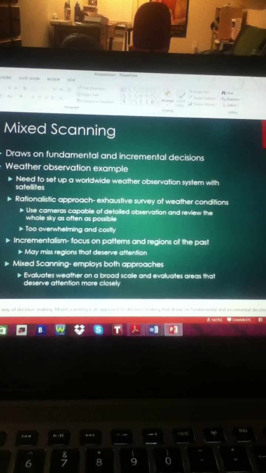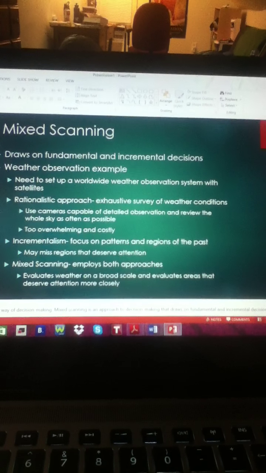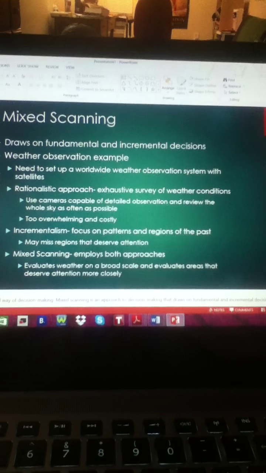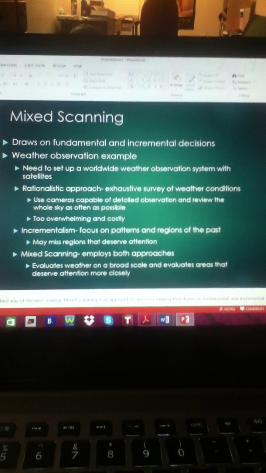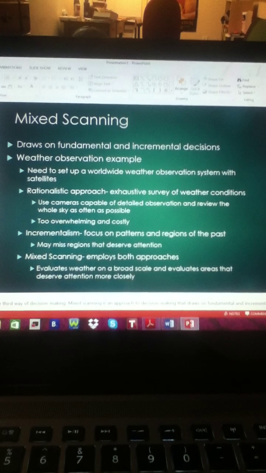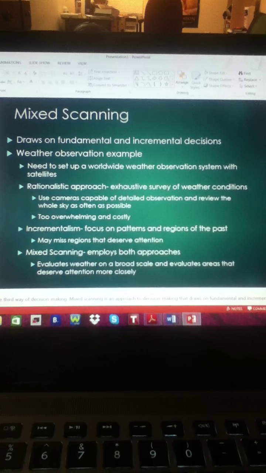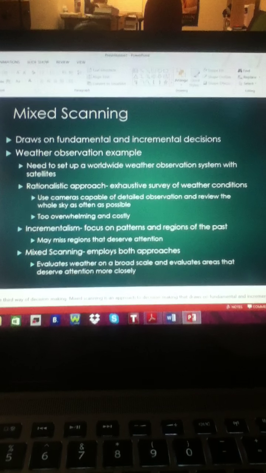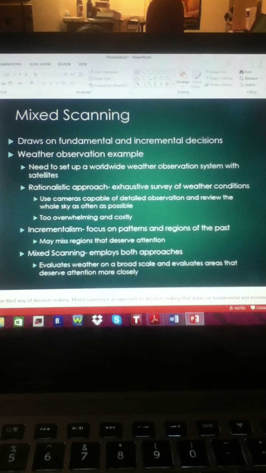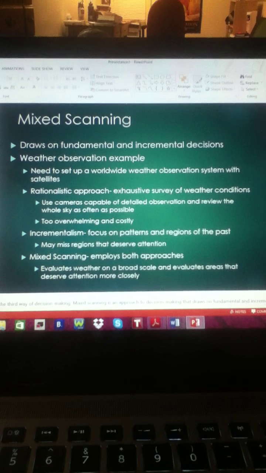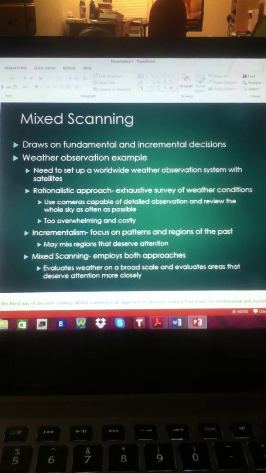Mixed scanning is the third way of decision making. It draws on fundamental and incremental decisions. Anderson gives the example of weather observation to explain mixed scanning. He hypothesizes that there is a need to set up a worldwide weather observation system with satellites.